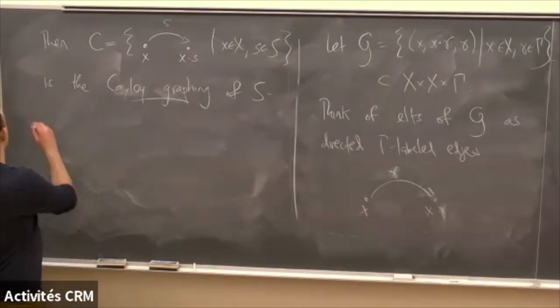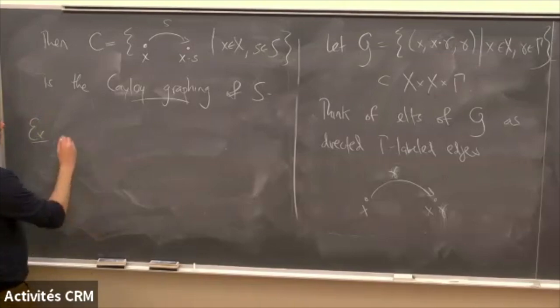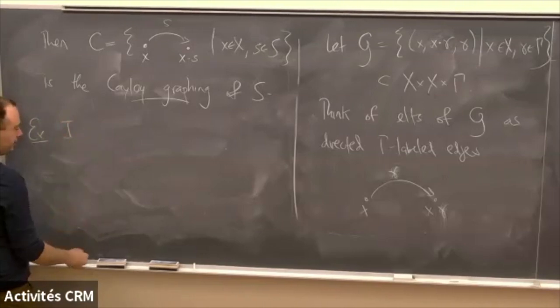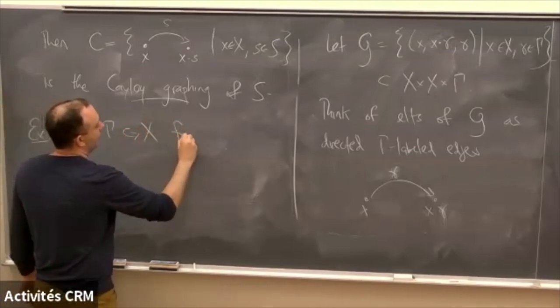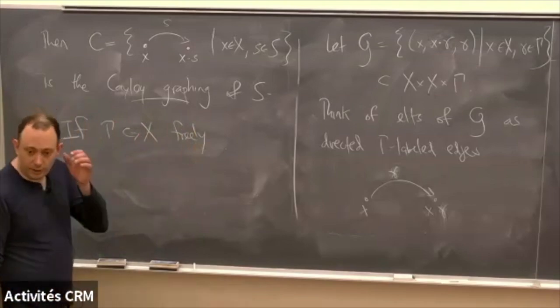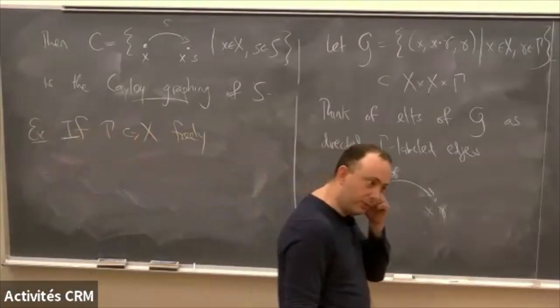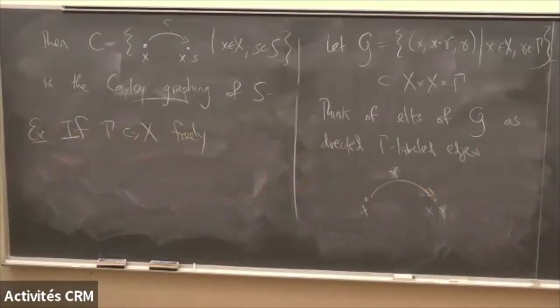And maybe as a test case, if Gamma acts on X freely, and I'm not assuming that it acts freely in any of the setup, but if it does act freely, then what's a graphing?